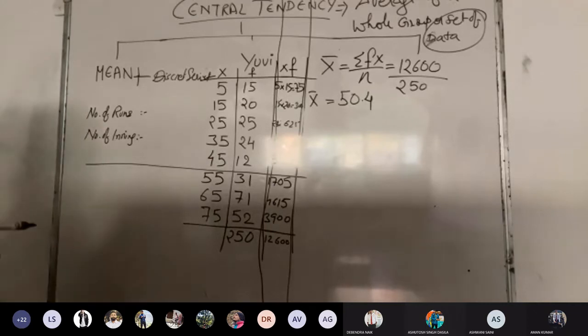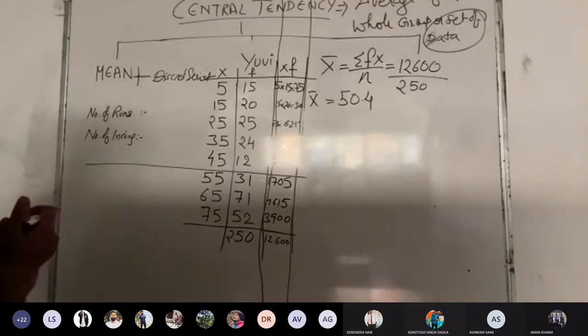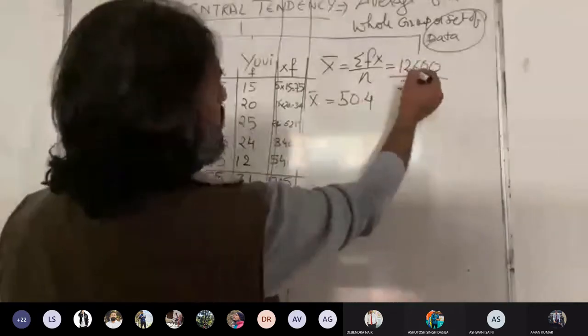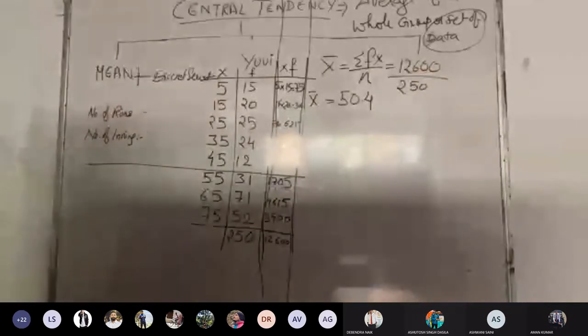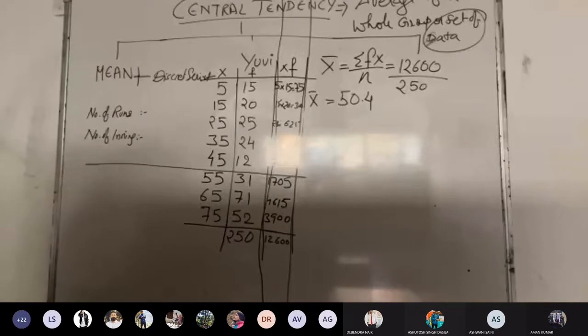But you see how difficult it was for you to calculate 12,600 runs. Can we not make it much easier? Yes, we can make it easier. Now you have to learn this.